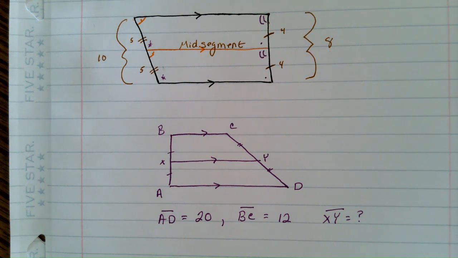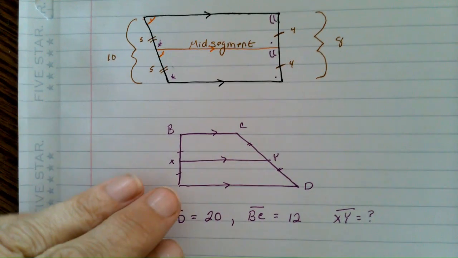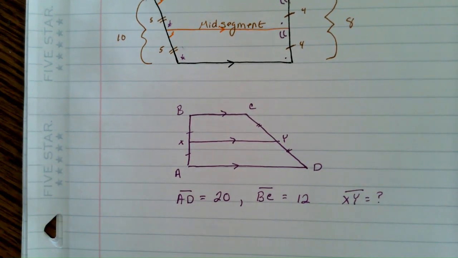And because everything's a mid-segment, there's got to be some kind of relationship of the middle or the average, and that's exactly how we're going to find it. To find the length of that middle section, you're just going to take the bottom plus the top, divide by 2. That's going to actually be the rule. It's the average of the bases.